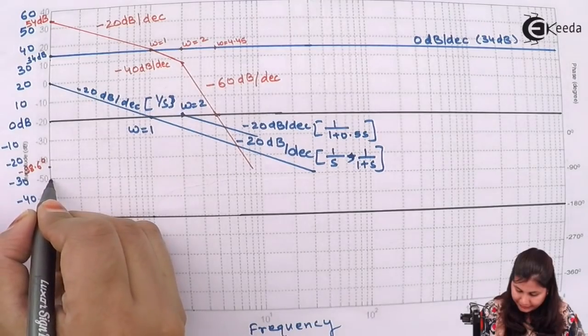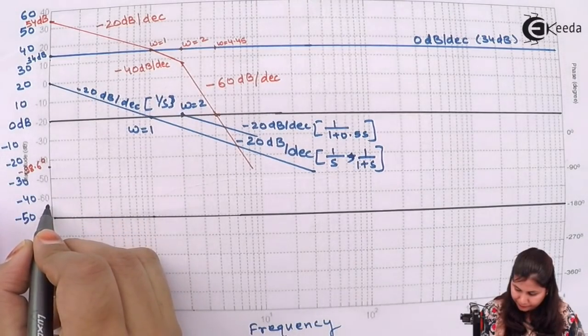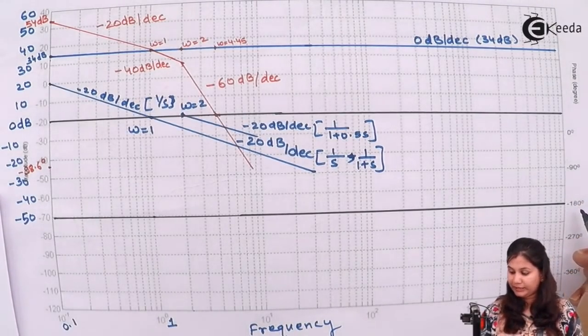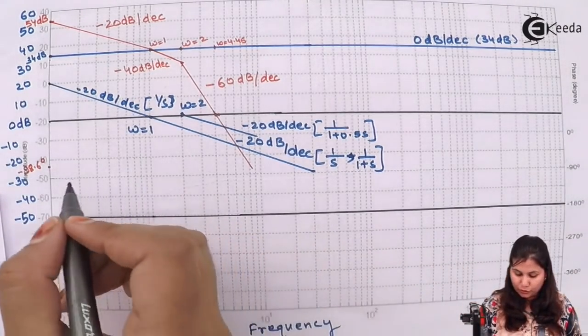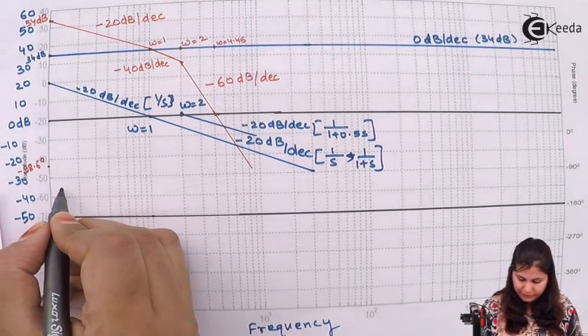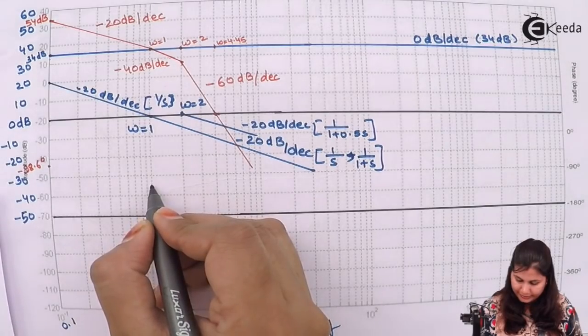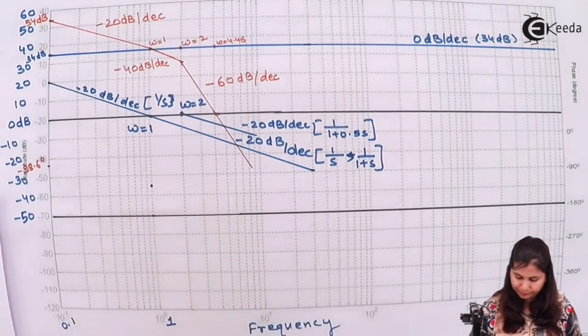This is minus 90 degrees. This will be between minus 90 and minus 180. We will have this point. So mark it. It will be somewhat in the middle of this. Between 90 and 161 will be here.